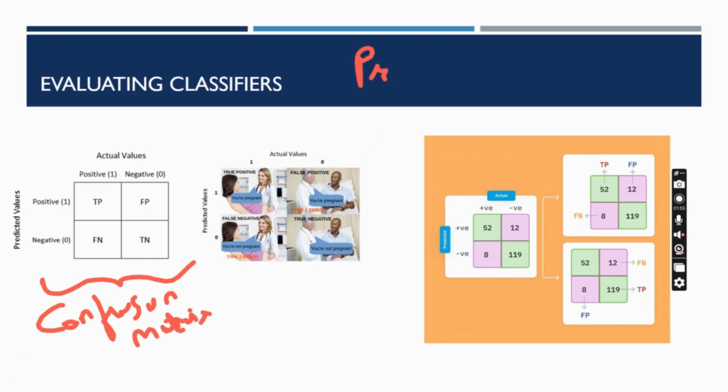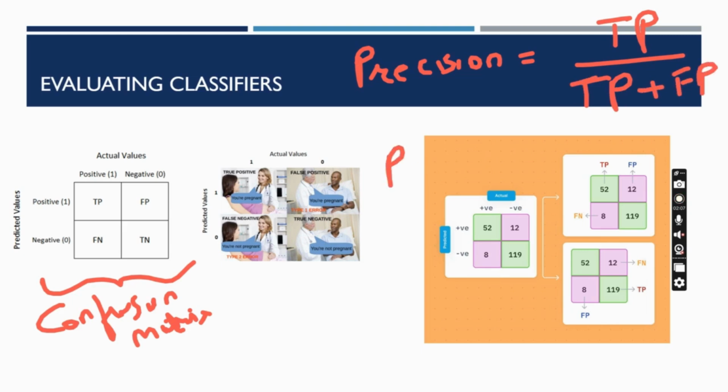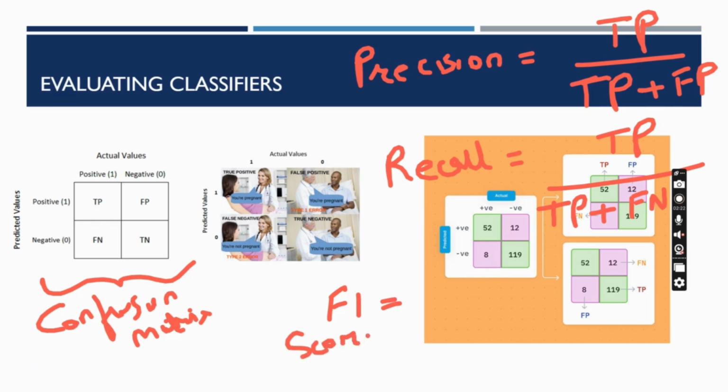And other than that, there is another performance measure which is precision. So this is true positive upon true positive plus false positive, whereas recall is true positive upon true positive plus false negative. And there is the F1 score, which combines precision and recall as 2 times precision into recall, divided by precision plus recall.